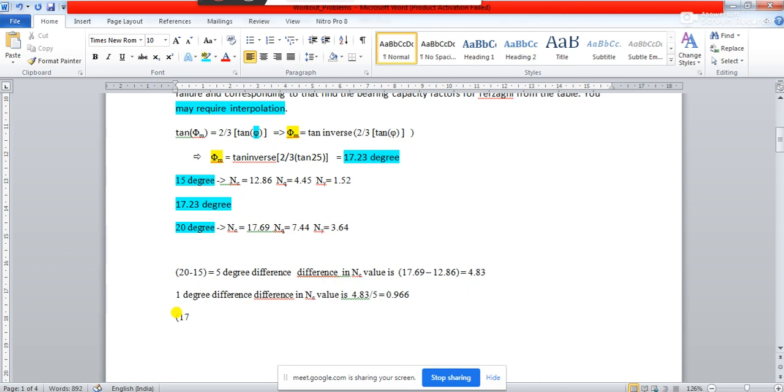17.23 minus 15 is equal to how much? 2.23 degree difference. So what will be the difference in NC value?